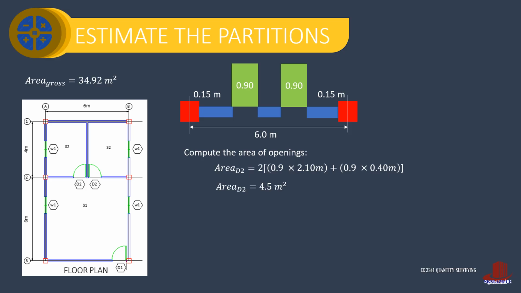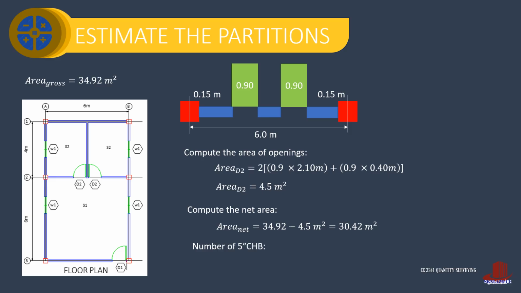The area of openings is 4.5 square meters. By this point, we can compute for the net area of partitions, and that is the gross area of 34.92 less the openings of 4.5, resulting to 30.42 square meters.